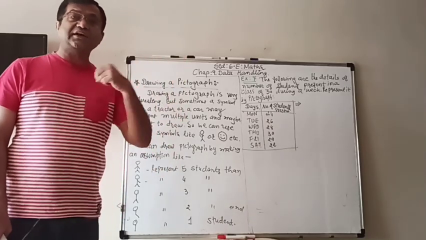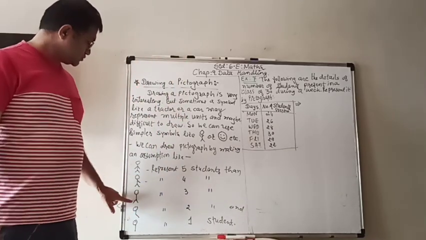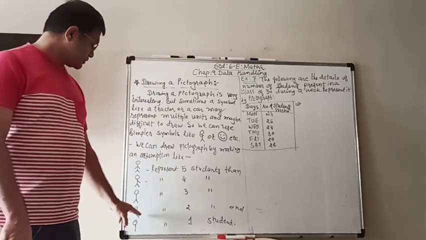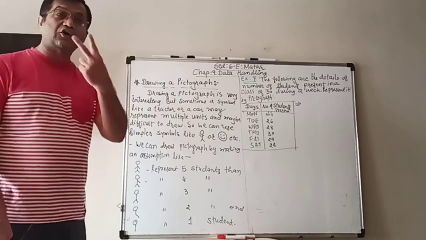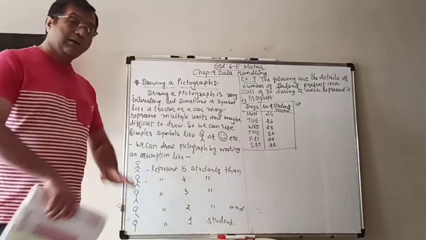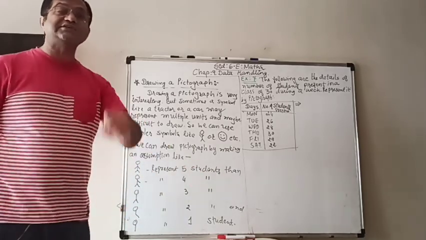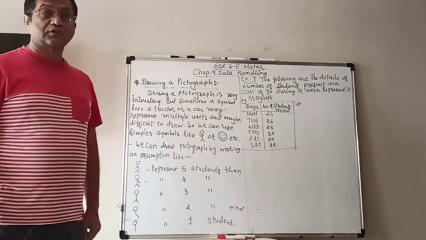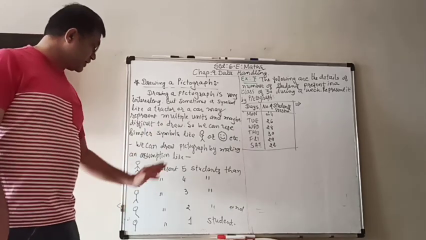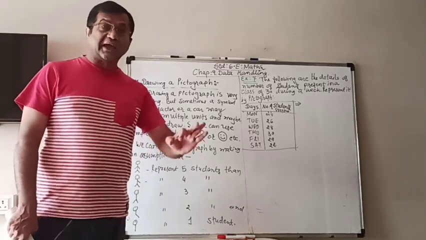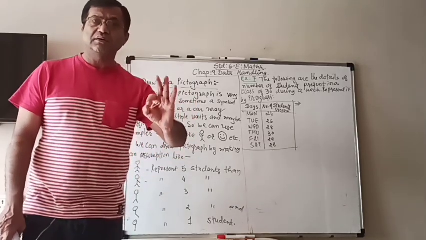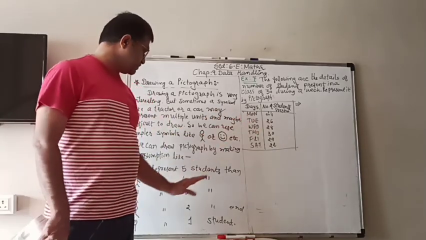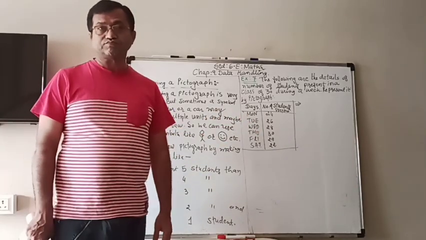I cut off the second hand also, so it represents 3. Then I cut 1 leg also, then only 2. And both legs are gone, only the body is remaining. Then it is 1. So when any number is there in the information, we can represent it using this type of symbol.